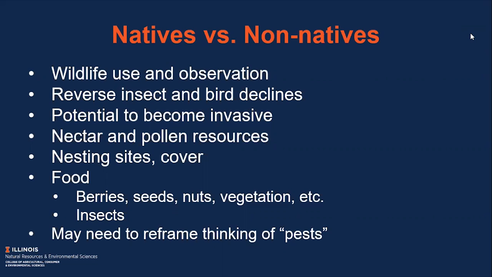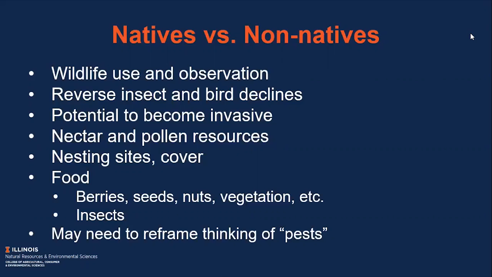When we're talking about the use of native plants by insects, it's important not only for the insects themselves, but also the birds that are going to be feeding on those, especially caterpillars. Even the seed-eating songbirds are going to need to make use of local insects and caterpillars to feed their young when they're nesting.